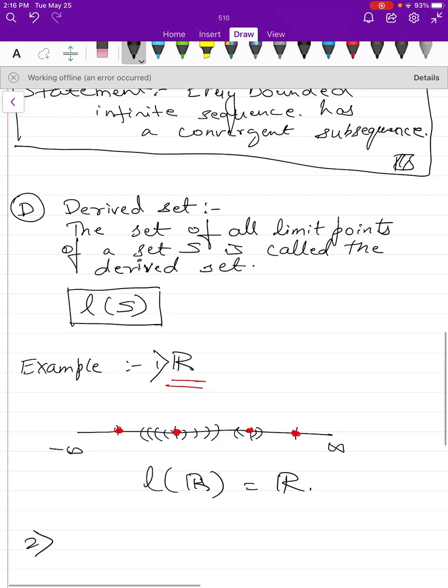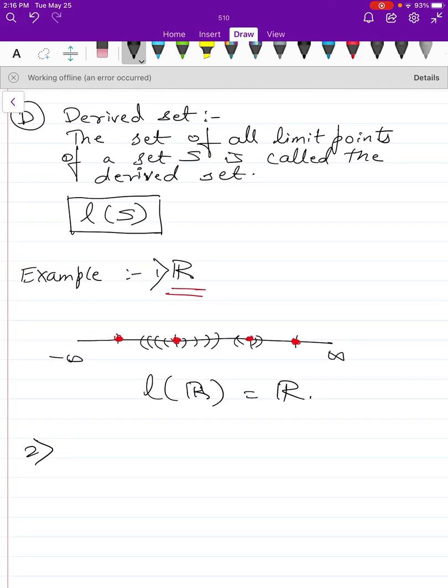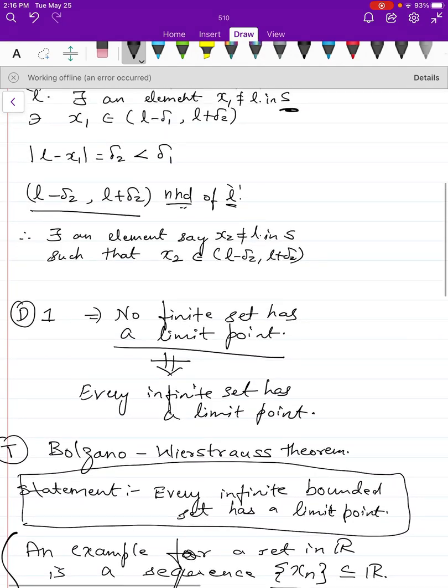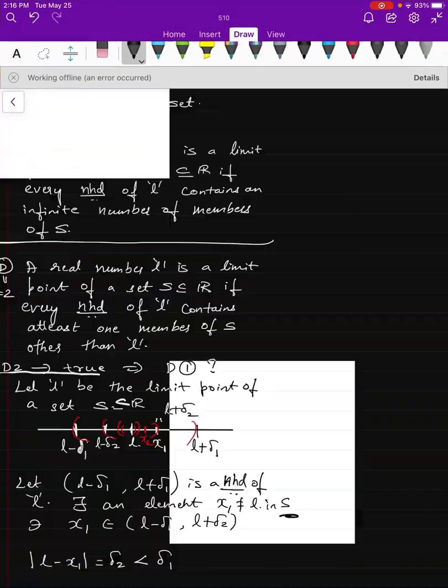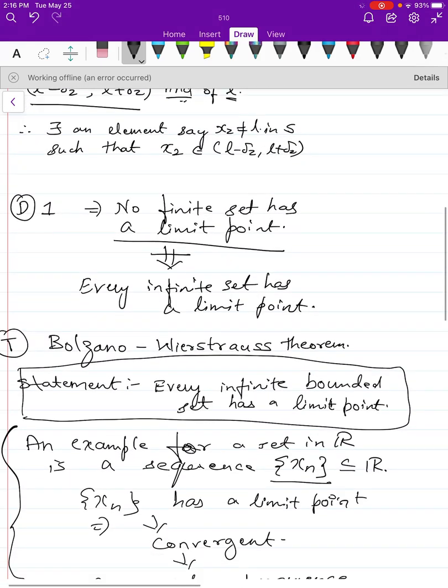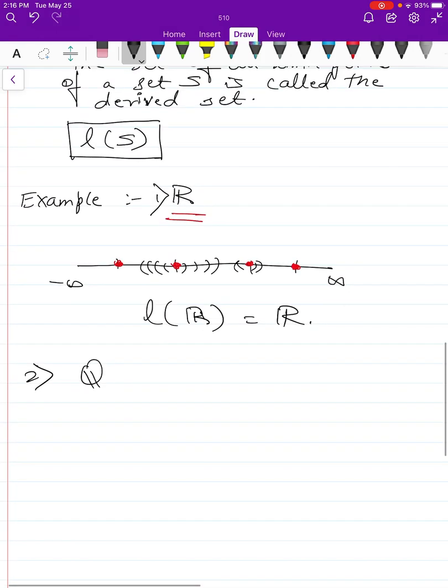Second example, what about Q? Again, what are the limit points of Q? When I explained an open interval above, we could see that the end points were limit points, but they were not part of the set.